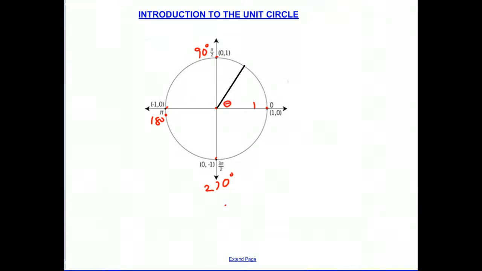This angle here ends at that point, and notice that this radius is still 1. And of course we could rotate that if we wanted to, rotate it to any of the other quadrants, and we would still have the radius equal 1, and it would just be a different degree angle. So now let's go to the next screen.